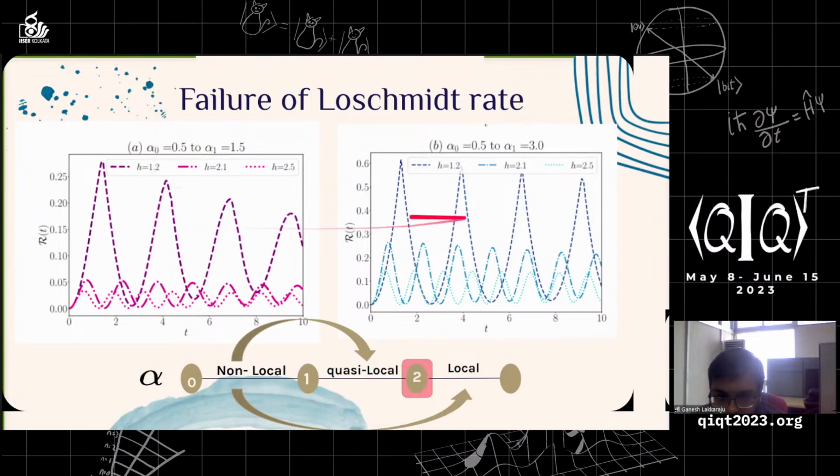What this graph is showing is that if you quench from 0.5 to here and 0.5 to here, it behaves exactly the same. There is no stark difference between the dynamical behavior of the rate function, and it does not signify that you have crossed a critical point.